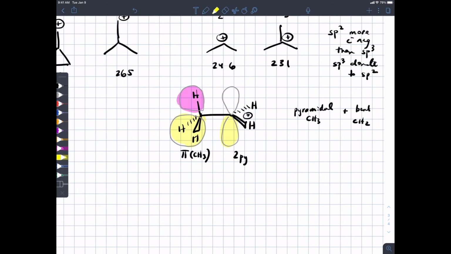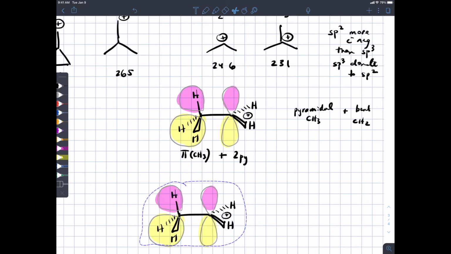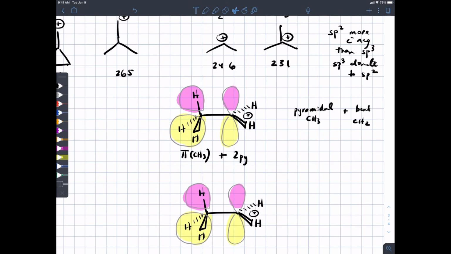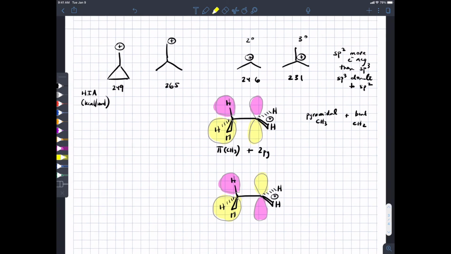And they can overlap in phase. Here's the plus combination. And then you could similarly draw the minus combination, which would simply have the wave function signs reversed with a node in the middle.